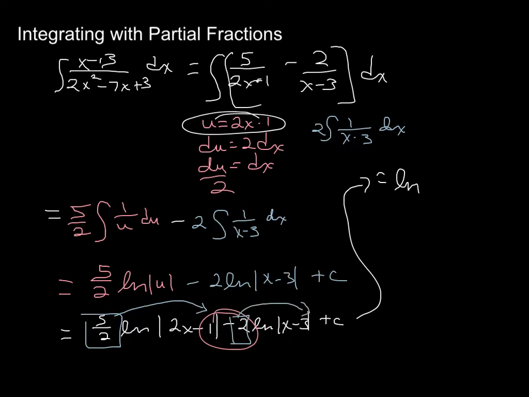So what we'll end up with is the ln of 2x minus 1 quantity to the 5 halves, over x minus 3, well, so much for the 3, I made it be a 1, x minus 3 squared.